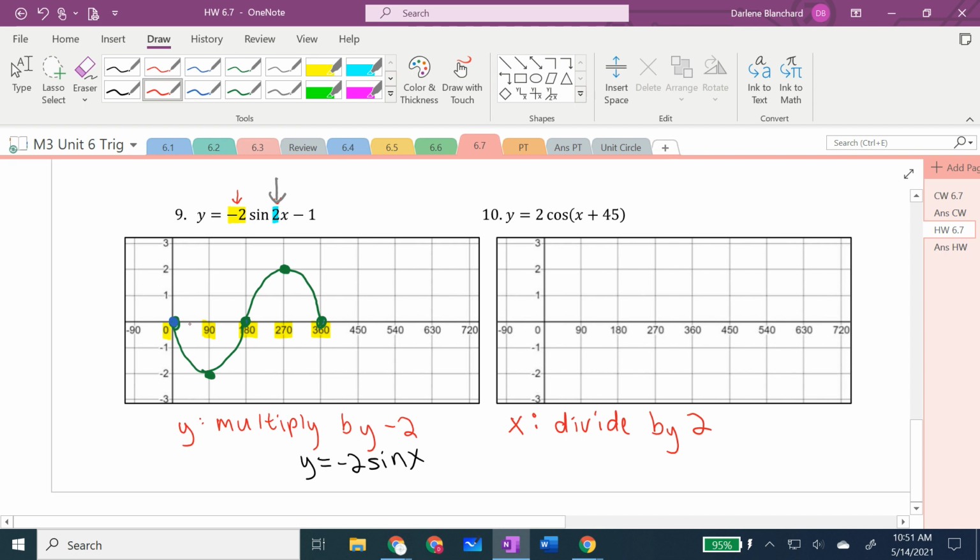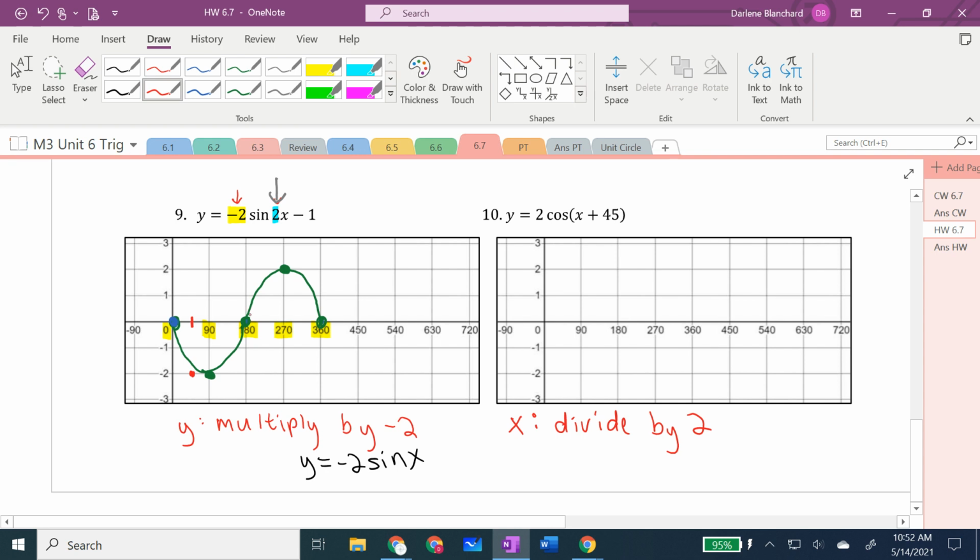90 divided by 2 is going to take me to 45. So the point that has that x coordinate is going to be compressed toward the y-axis by dividing it by 2.